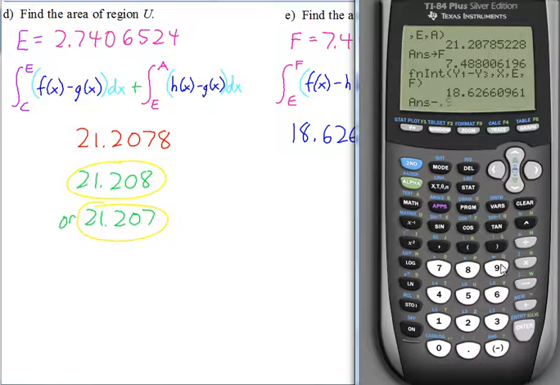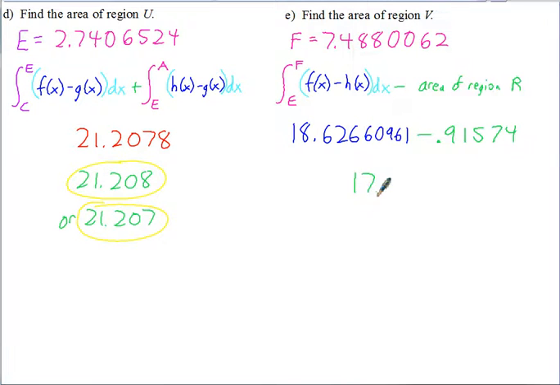Minus 0.91574. So you get 17.710 or 17.711, if you'd rather that.